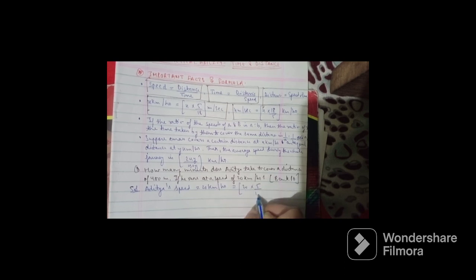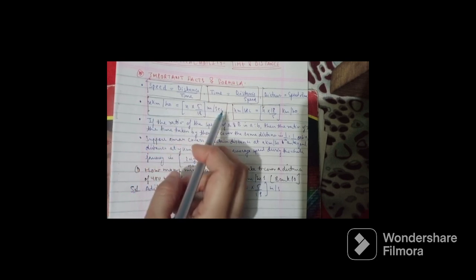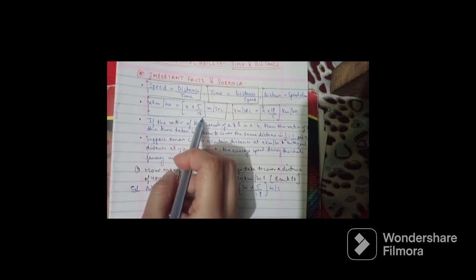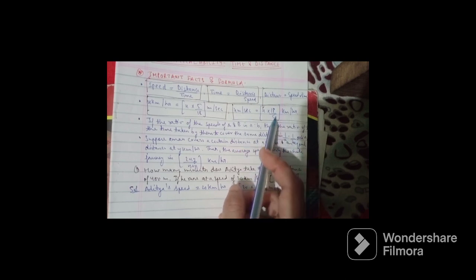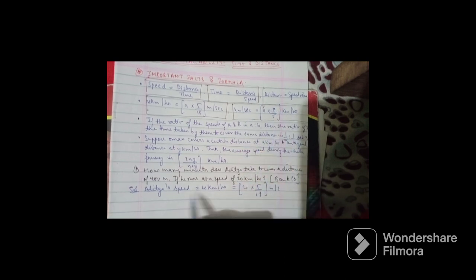If it is in kilometer per hour and you want meter per second, you multiply by 5/18. If it is in meter per second and you want kilometer per hour, you multiply by 18/5. So it is in kilometer per hour, so we'll convert it into meter per second, because the distance has been given in meters.